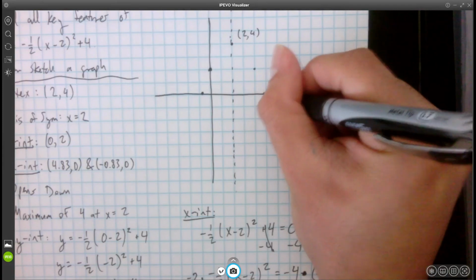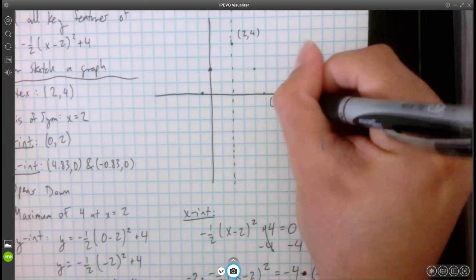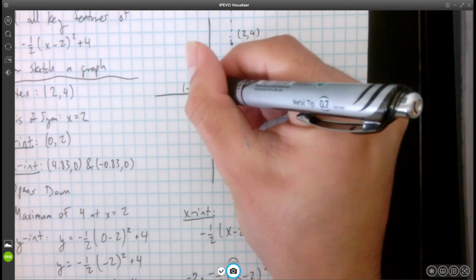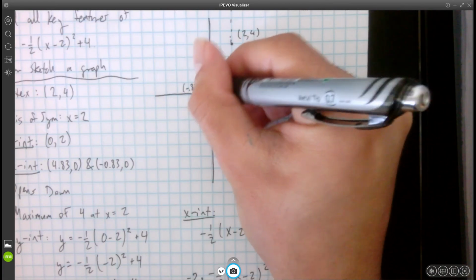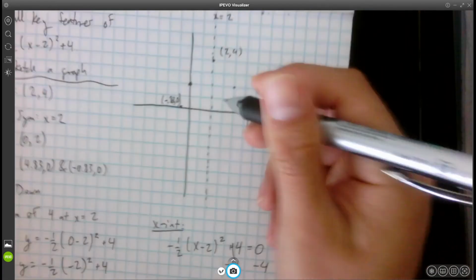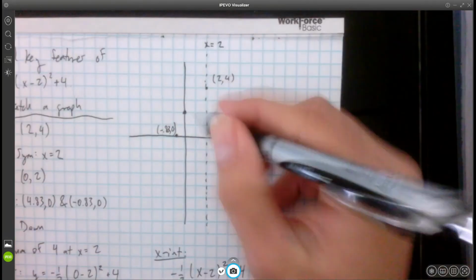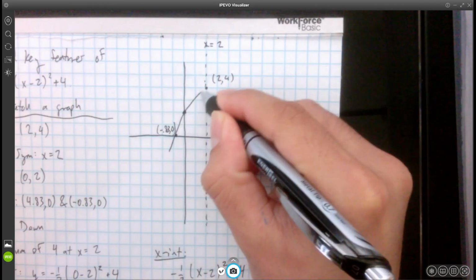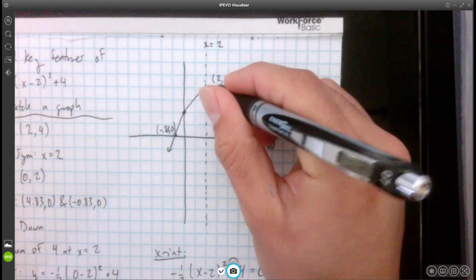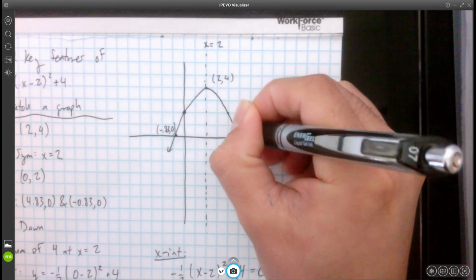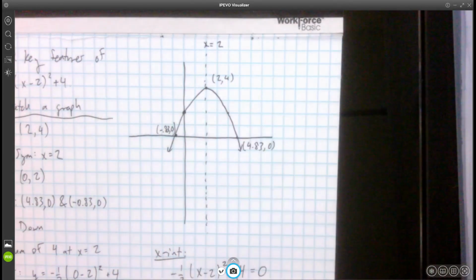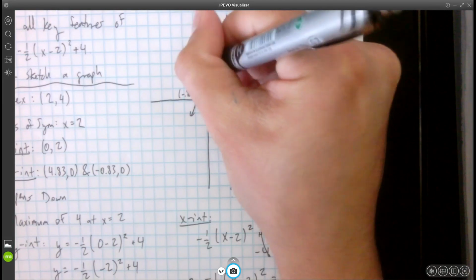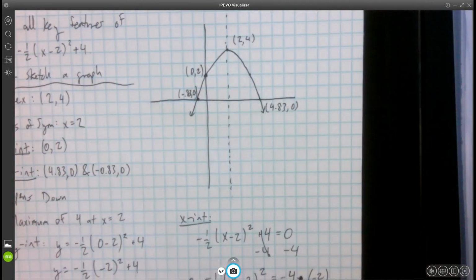So this is (4.83, 0), and I'm labeling this one (negative 0.83, 0). Let's sketch the graph through those points, and that's all we need. I label my y-intercept (0, 2), and there we have it.